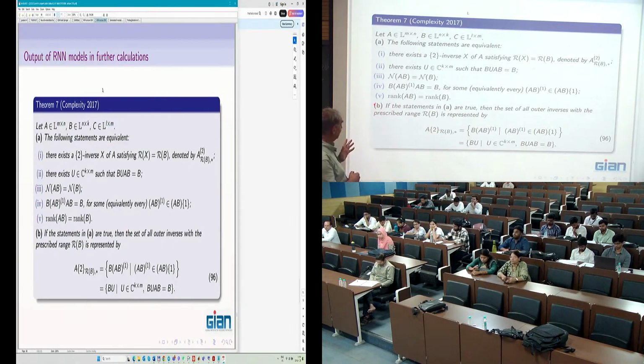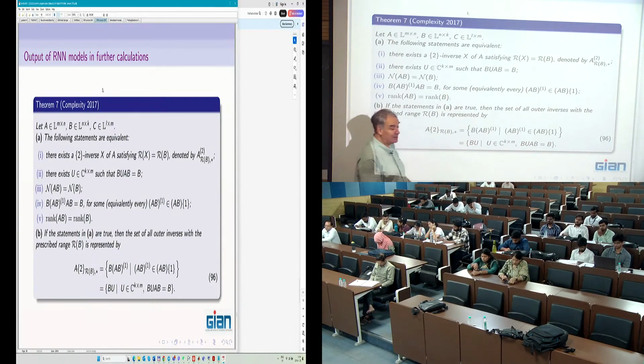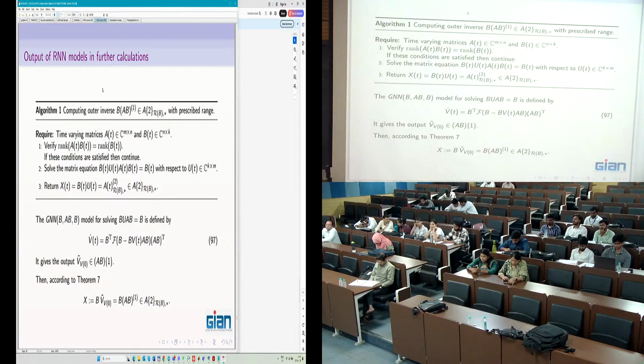The representation presented generates a class of generalized inverses. In the first step, we need to solve, multiply U by B, approach left or right, and obtain the final result. In 96, we defined the algorithm.